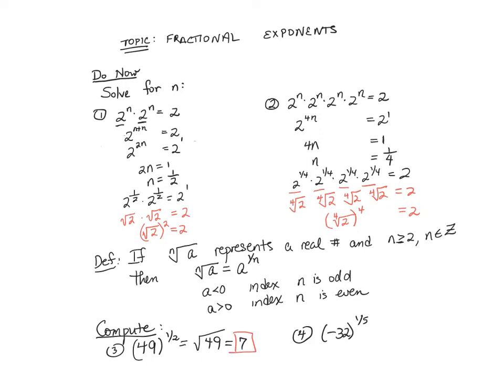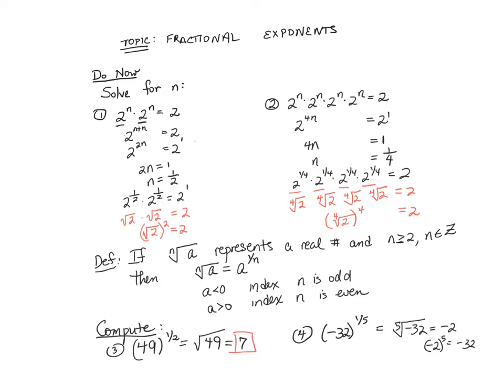And negative 32 to the 1/5 is just the fifth root of negative 32, and that would be negative 2, since negative 2 to the fifth is negative 32. Okay, just to make sure that we understand the notation.